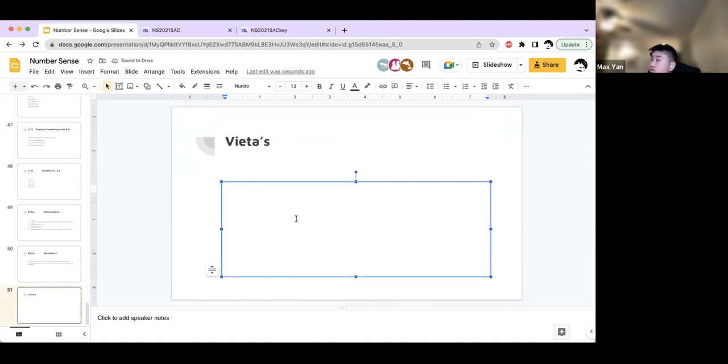So, we're going to start off with a claim that all polynomials with real coefficients can be written as a product of its roots, I guess.